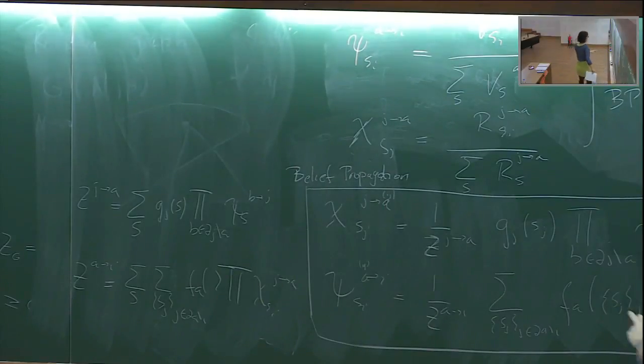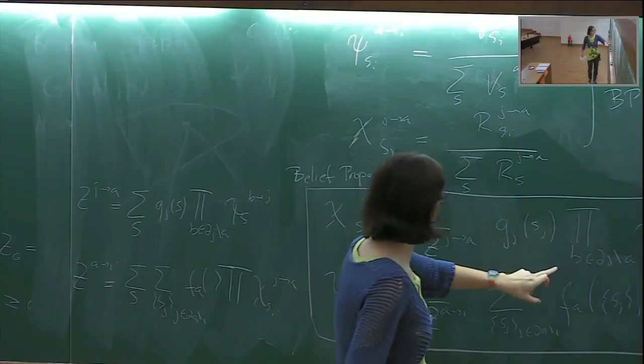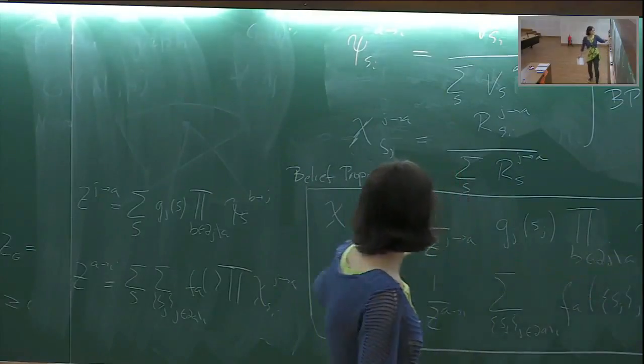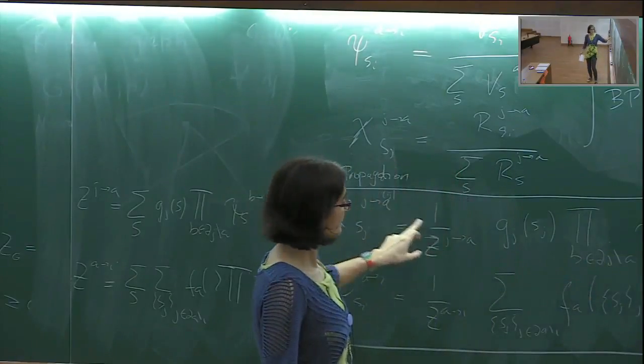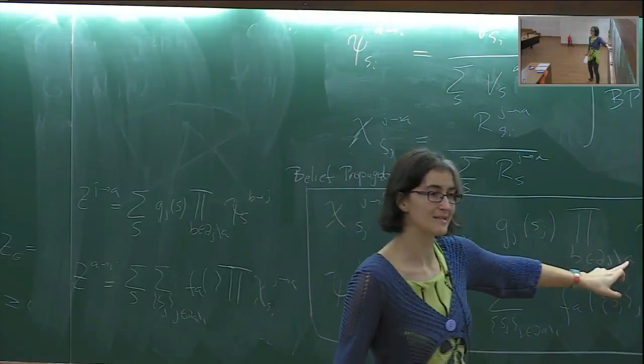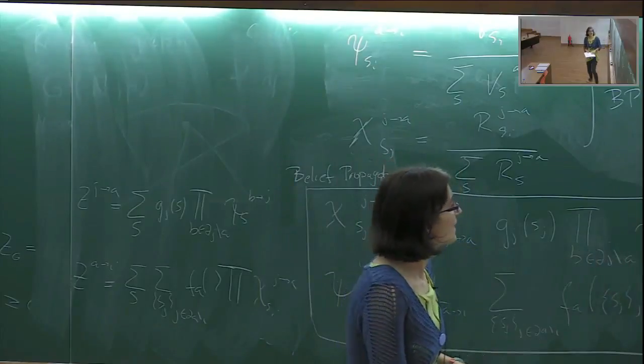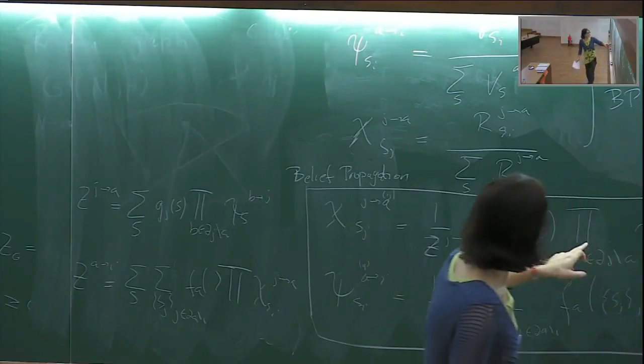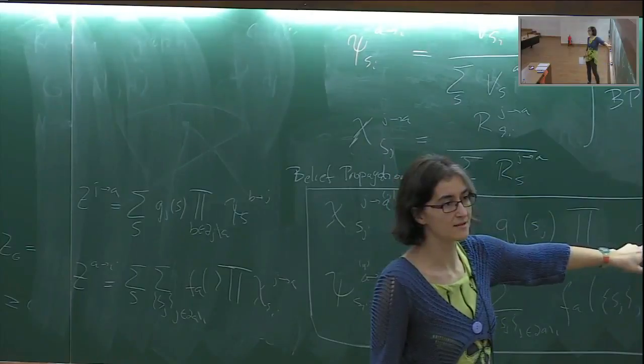And then I am making a product over every neighbor of J, but not A. That's what this set minus A means here, right? So I'm making a product. Here we were going from J to A, so I'm making a product over everybody who is a neighbor of J, but not A, not the one to which the message is being sent, of the other type of messages.